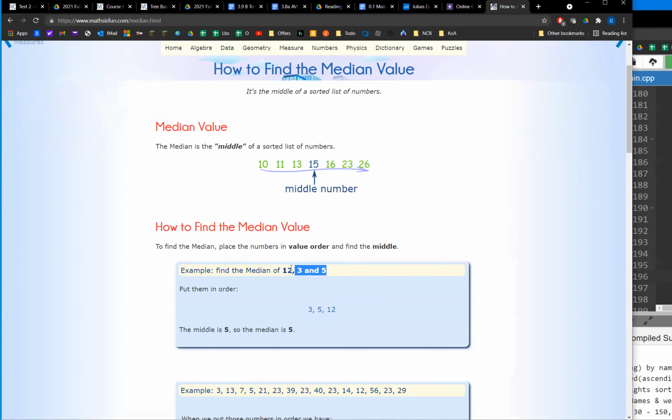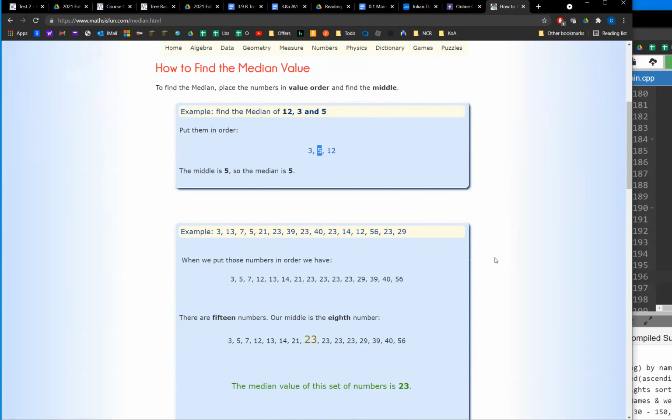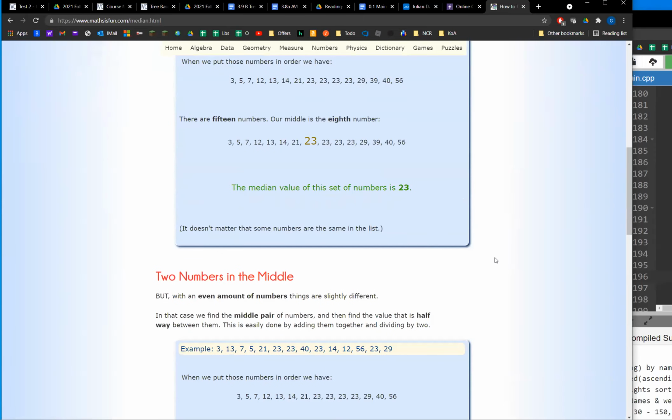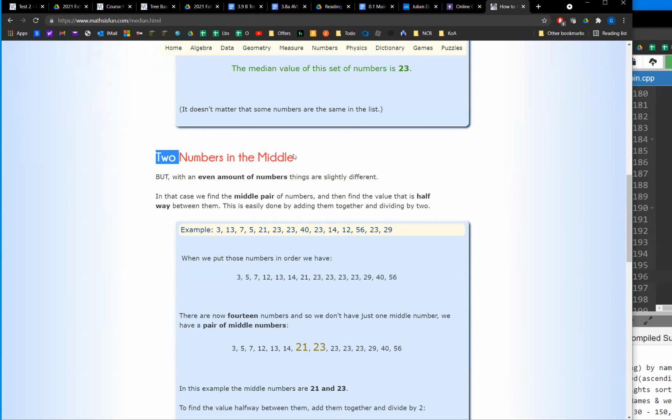All right, so find the middle of these 3 values, sort, and then the median. The only time there's a division is if the range has 2 numbers in the middle. And you have to average the 2 together.